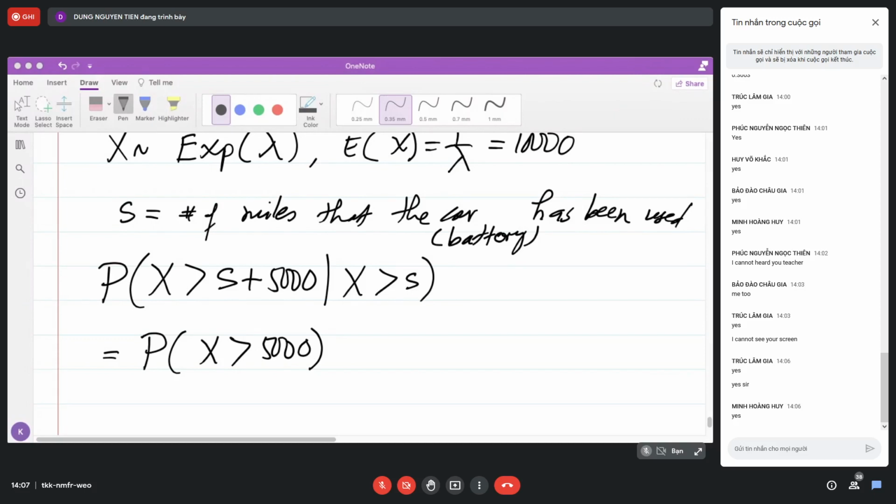All right. And because X follows an exponential distribution, this becomes... that makes sense?